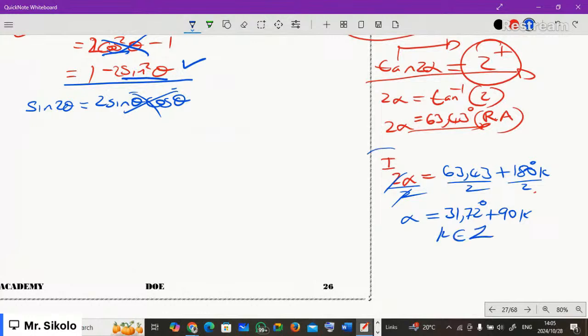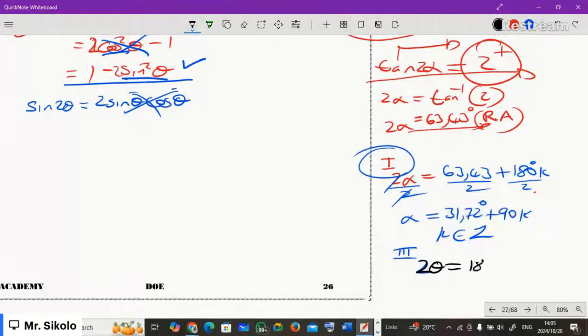Then tan was positive not only with first quadrant, also tan is positive with third quadrant, remember. So we have the solution for the third quadrant. 2 theta will be equal to what? With third quadrant, 180 plus reduction formula.